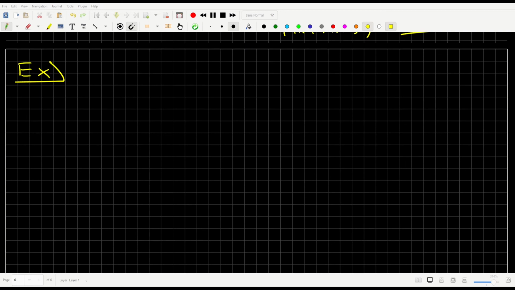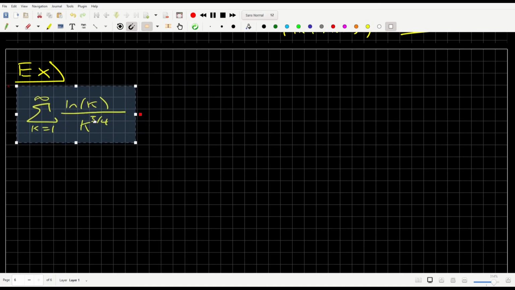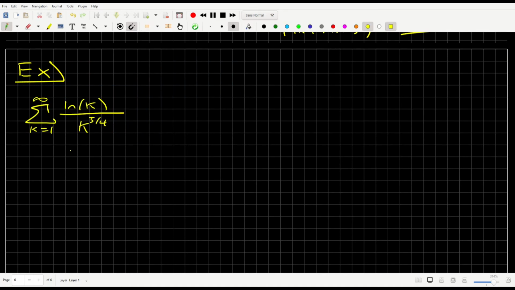So for this example, we'll just consider the following series. This is the sum from k equals 1 to infinity of the natural log of k over k to the 5/4. And I'm going to start by trying to do the rule of thumb, in the same manner that we did before.